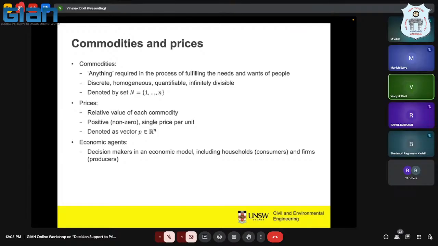You might be able to split it out by region, so the wheat from Punjab might be different from the wheat from Haryana. There are ways of managing that, but the wheat from Punjab is homogeneous. There's no difference in quantity or quality. They're quantifiable, so many tons are produced from wheat, and they're infinitely divisible. You can go all the way down to 20 grams. It's not that you can only do it by certain tons. They're infinite, so they're continuous variables.